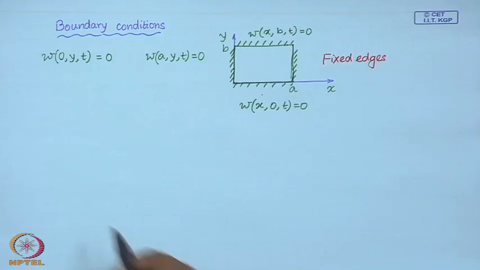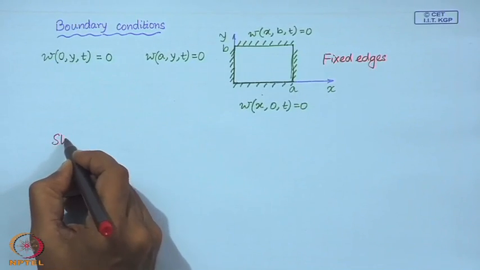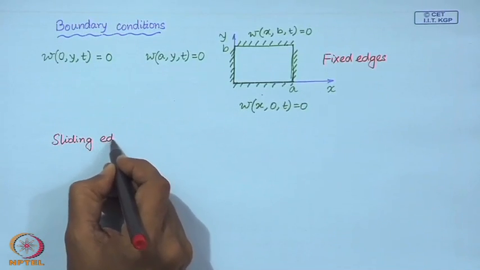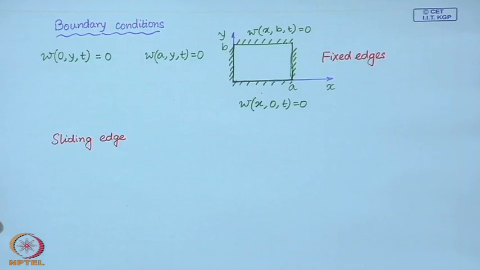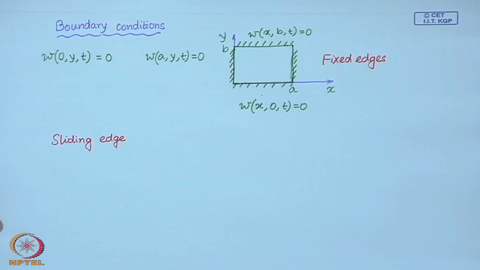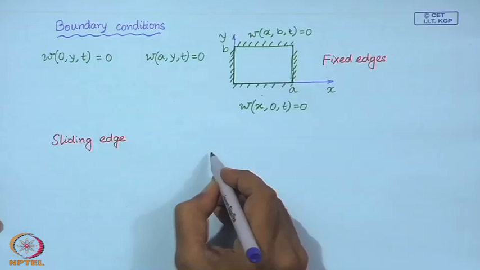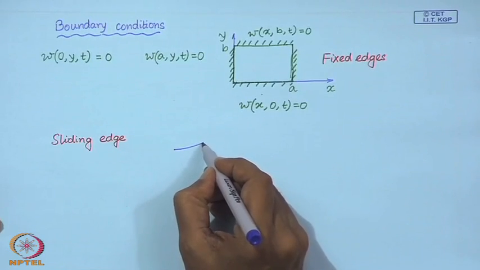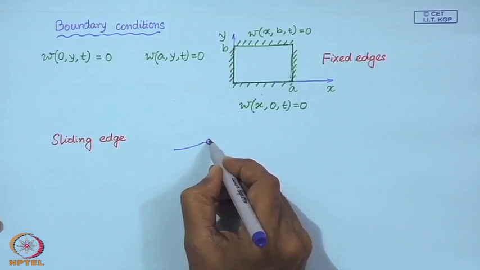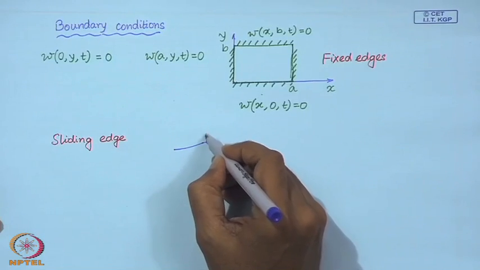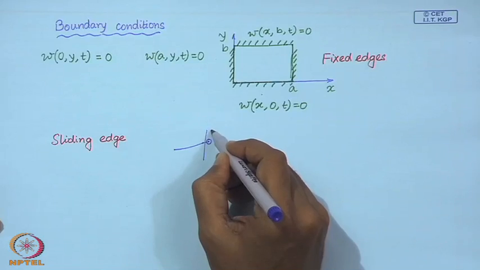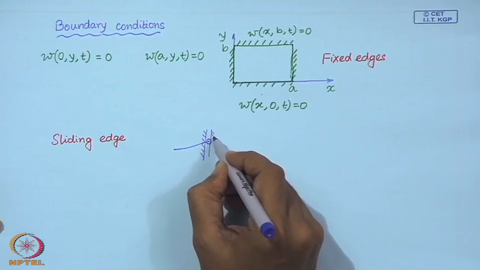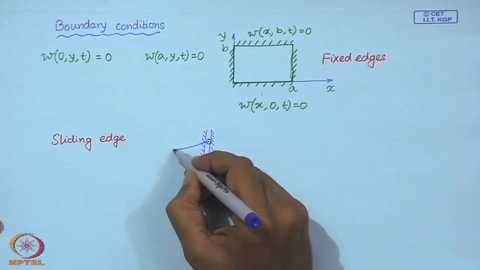There is another possibility where you can have a sliding edge. So, in a sliding edge, the membrane can slide, so it's very similar to the sliding edge of a string.